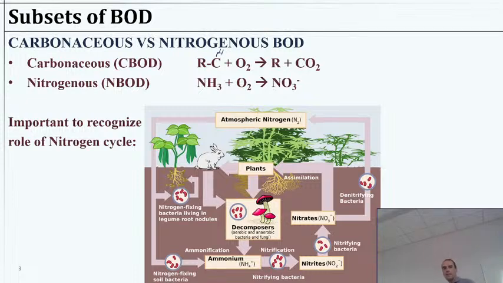Another one is ammonia. NH3 plus oxygen can yield us nitrates and nitrites, though this is not balanced. So we could talk about the nitrogen cycle, and I'll just quickly go over it. There's a lot of nitrogen gas in the atmosphere. It's most of what we breathe, about 78% of the air we're breathing right now is N2 gas.